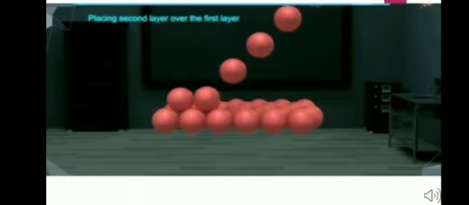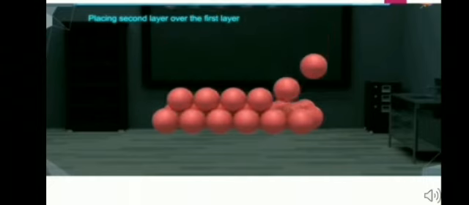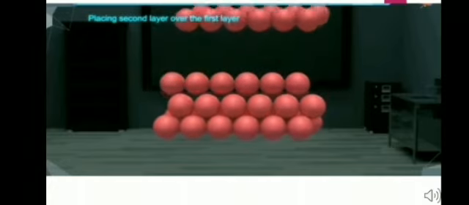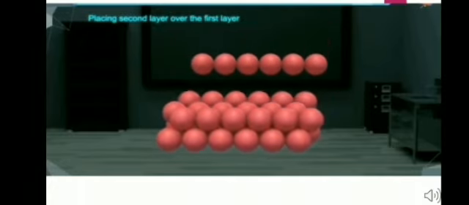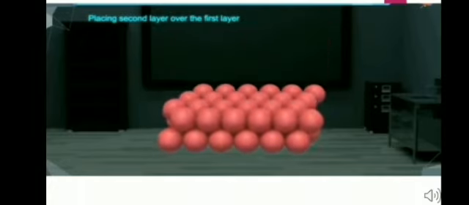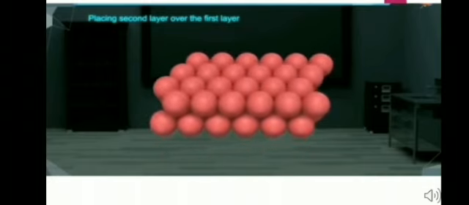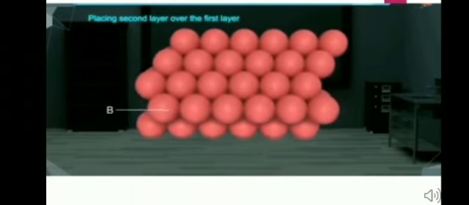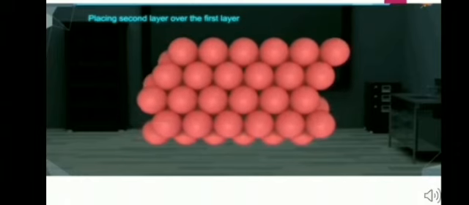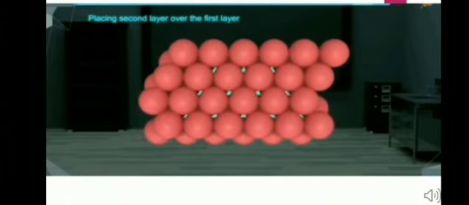As the spheres of the second layer are aligned differently from those in the first layer, let us call it B type. Now observe carefully. All the triangular voids of the first layer are not covered by the spheres of the second layer.